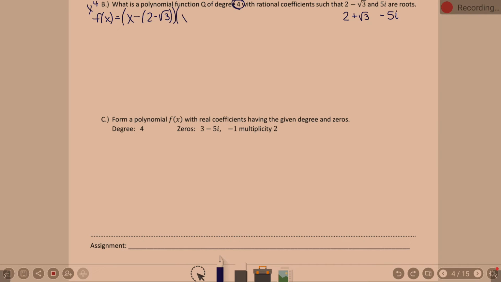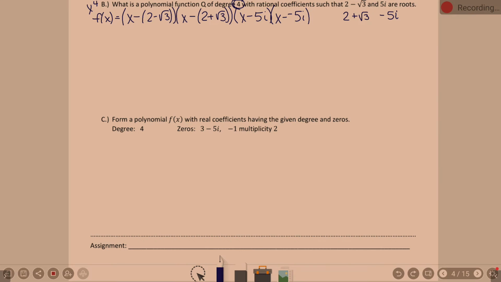I'm also going to have x minus 2 plus square root of 3. There was a 5i given, so x minus 5i. And there's a negative 5i, which officially is x minus negative 5i, but we're going to say x plus 5i.